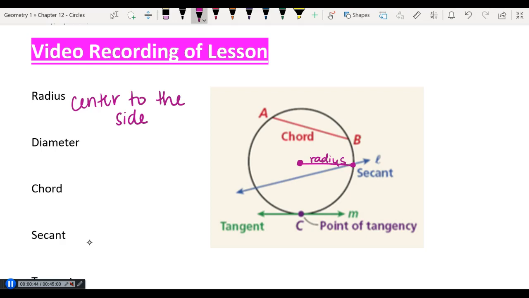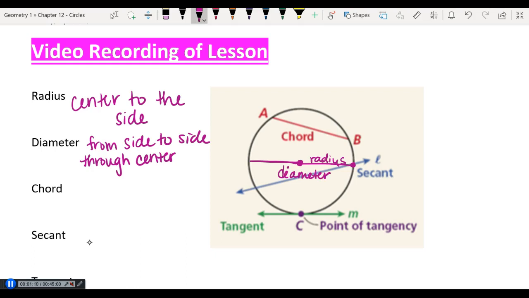The diameter of a circle goes from side to side through the center. So this would extend, and that's going to be your diameter.